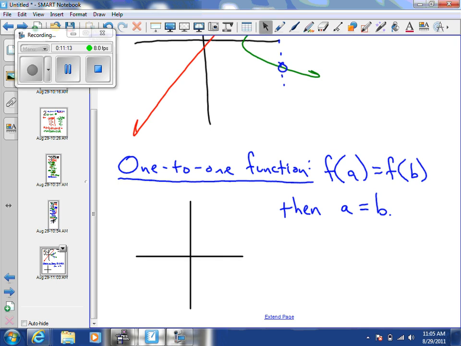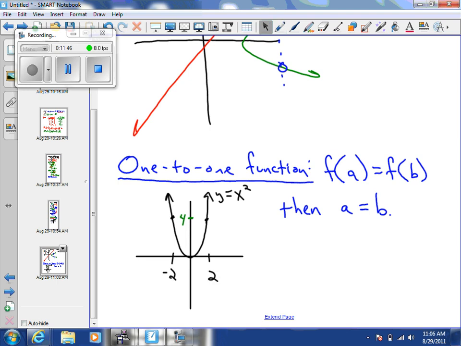If I look at a parabola, let's do a quick sketch here of one. If I look at this parabola right here, this is not one-to-one. Because, for instance, let's say this particular y value is 4. Let's assume that this is the graph y equals x squared.